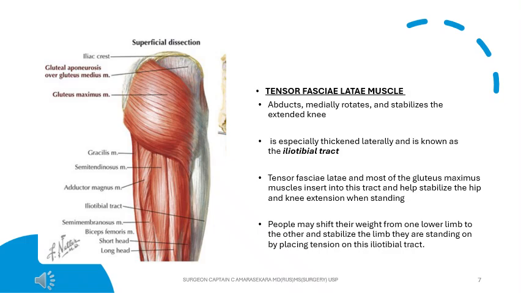More importantly, it stabilizes the extended knee by placing tension on the iliotibial tract, especially when shifting weight from one limb to the other. This function is critical during walking, running, and maintaining upright posture.